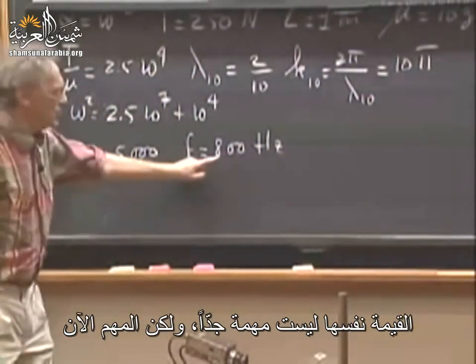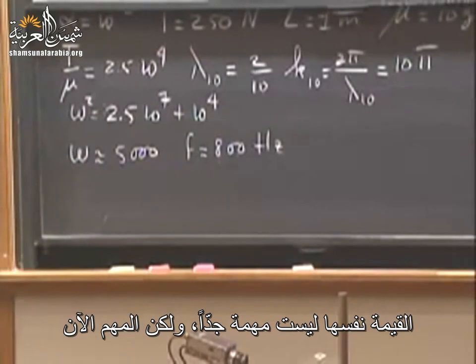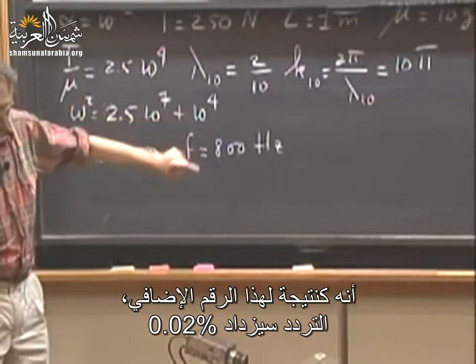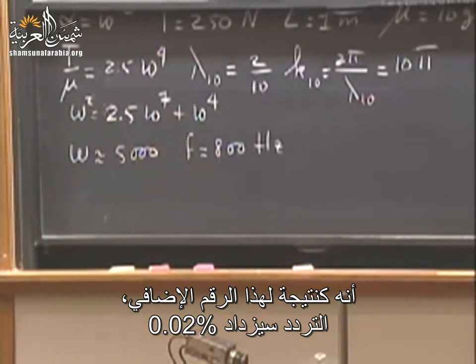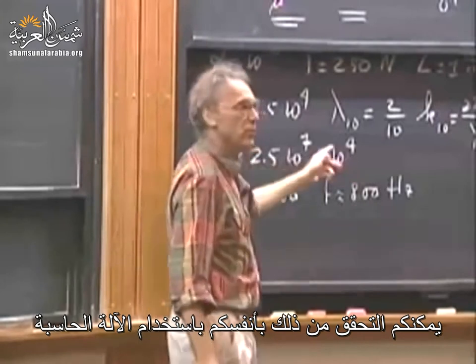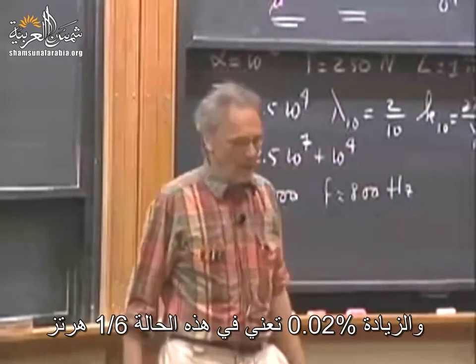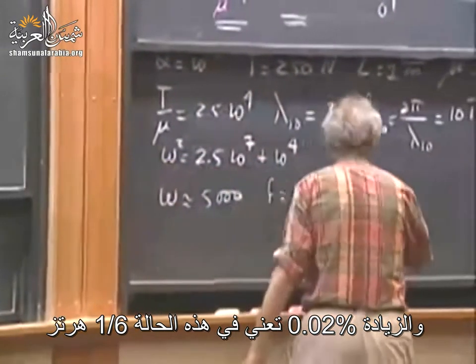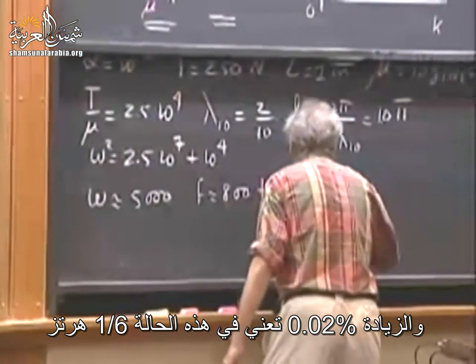The value itself is not so important, but what is important is that as a result of this extra term, the frequency will go up by 0.02%. And this, of course, you can check immediately for yourself with your calculator. And 0.02% increase means, in this case, 1/6 of a hertz.